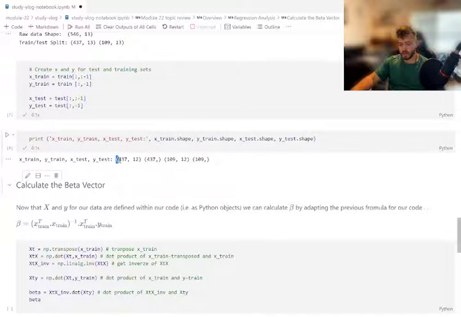If you want to check that everything's copacetic, you see that we now only have 12 columns in each one because we've removed our Y column, and we still have the correct number of rows in our predictors as well as our big X.